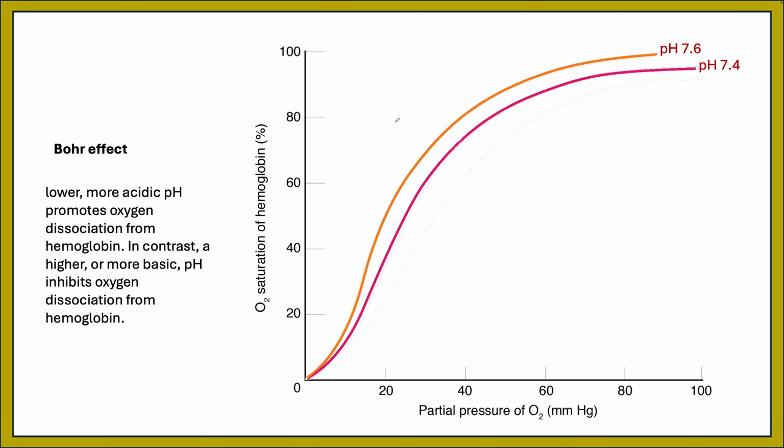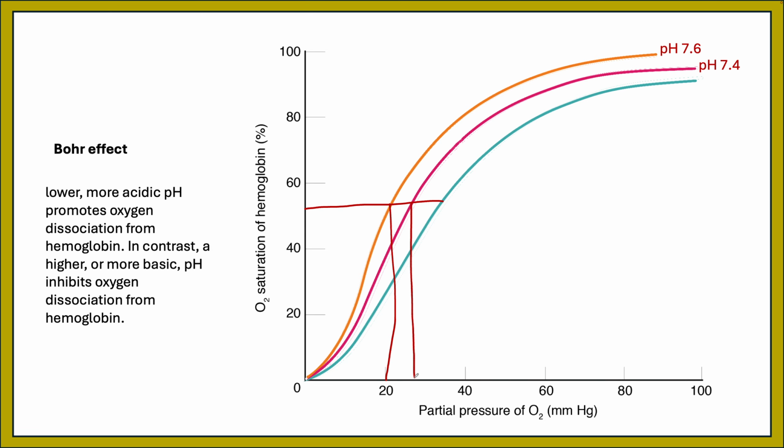So that means that it's going to take a lower partial pressure of oxygen for that to bind to the same amount. Whereas here, in order to get to that same percentage. So if we're looking at the 50% binding curve here, we'll see that this, not very good at drawing straight lines, is going to be rightward shifted as we go down in pH.